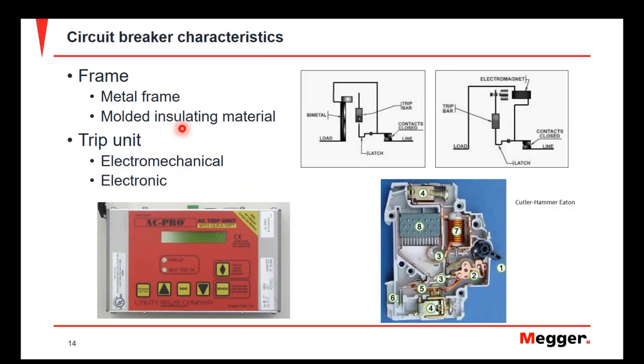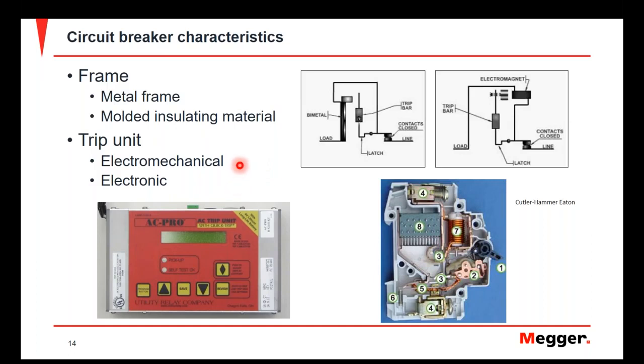But also something that we need to consider whenever we talk about primary injection is the design of the trip unit used, whenever we talk about how the breaker is going to trip. Now, typically that can be either by electromechanical means or an electronic means.